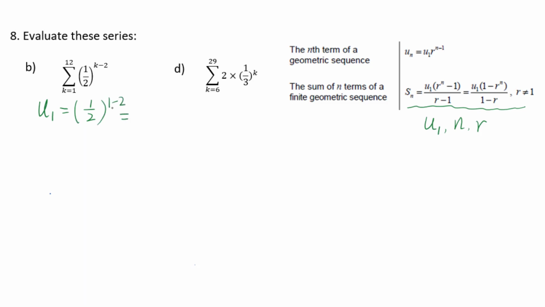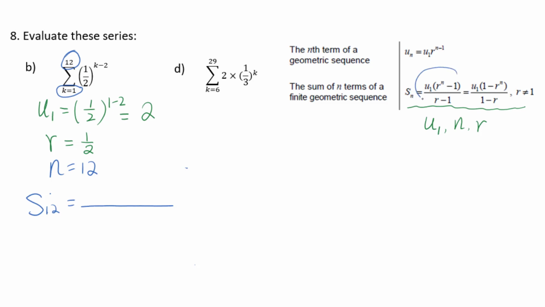Using a calculator, you will get 2. For the common ratio, it's the base, 1 over 2. And how many terms? That is 12, because you count from 1 to 12, altogether 12 terms. As long as you know this information, you can use S sub 12 equals.